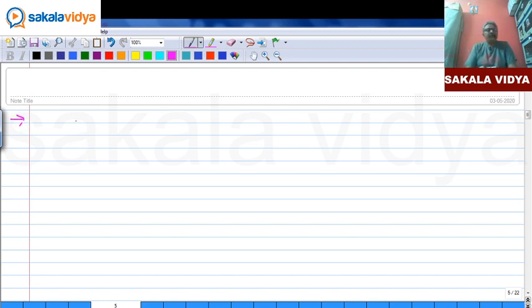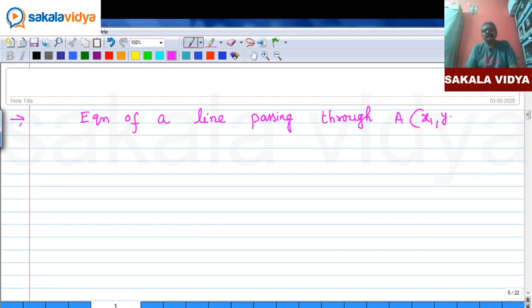Okay, now, so for example, the equation of a line passing through A (x1, y1) with slope m is y minus y1 is equal to m into x minus x1.